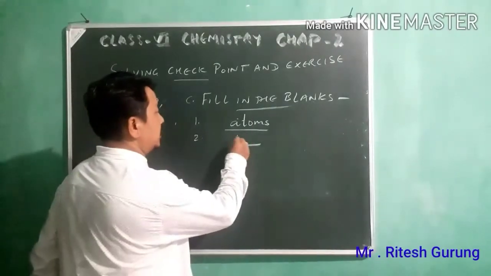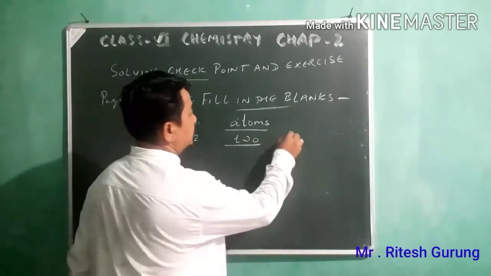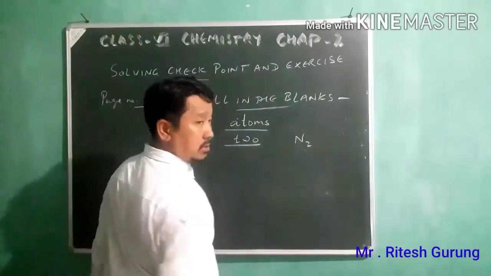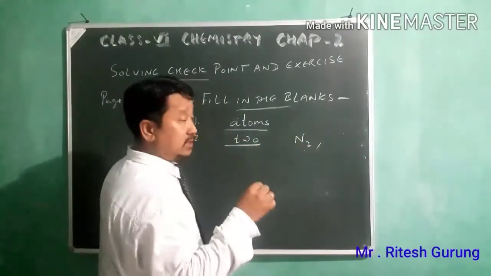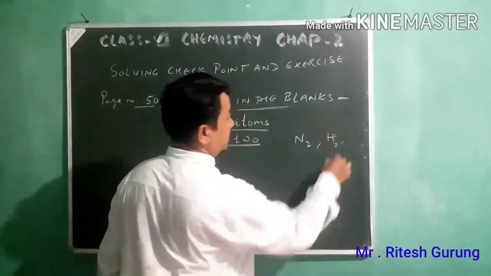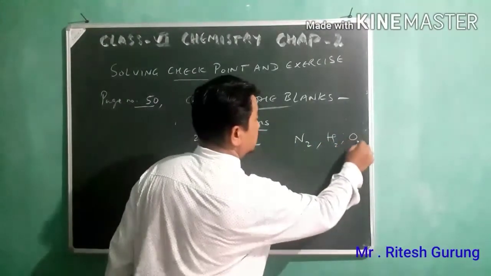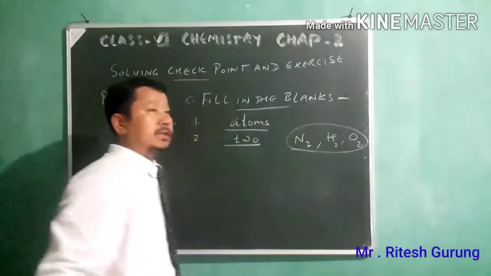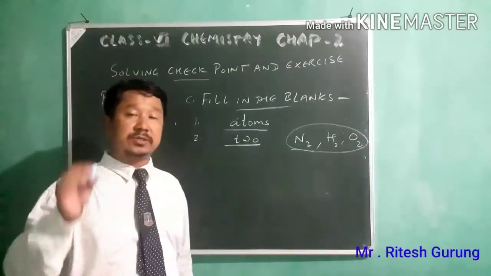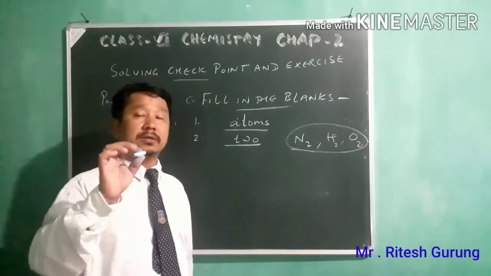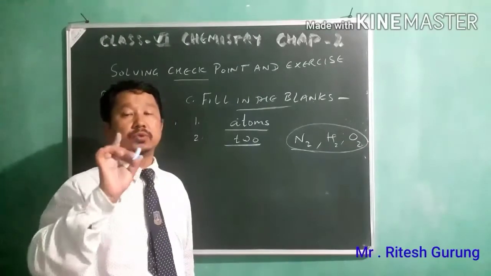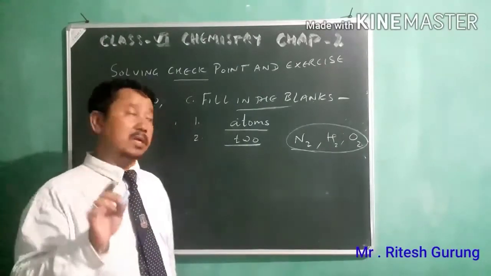So here the answer is 2, which means it is like this, N2. If it is hydrogen, it is H2. If it is oxygen, O2. That means gaseous elements have 2 atoms in their molecules.